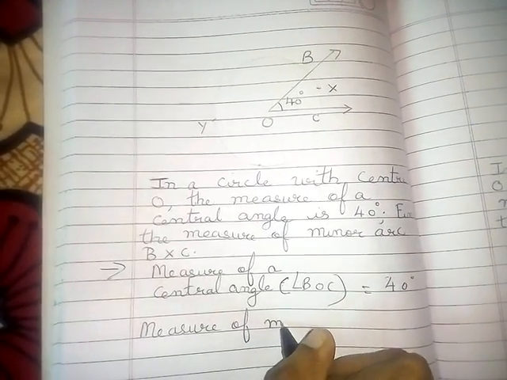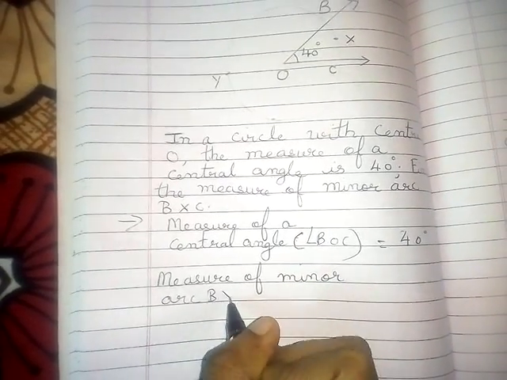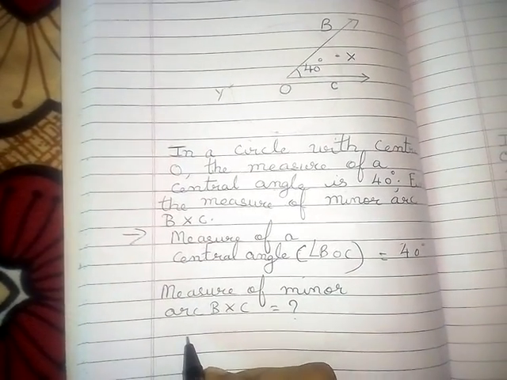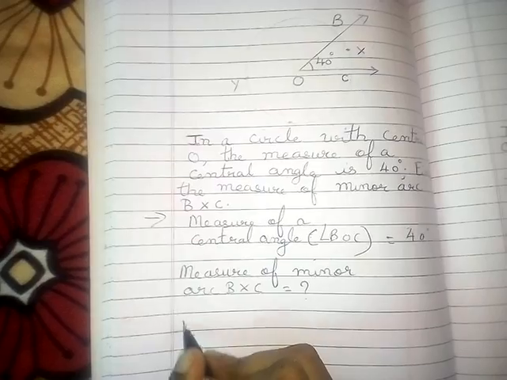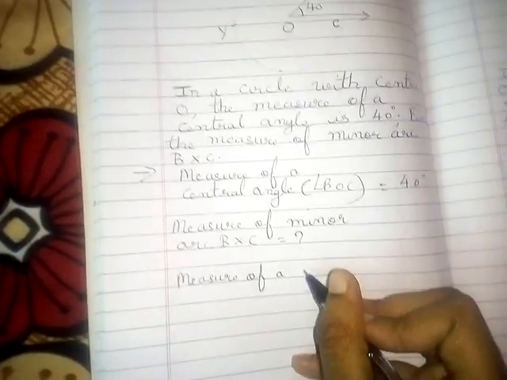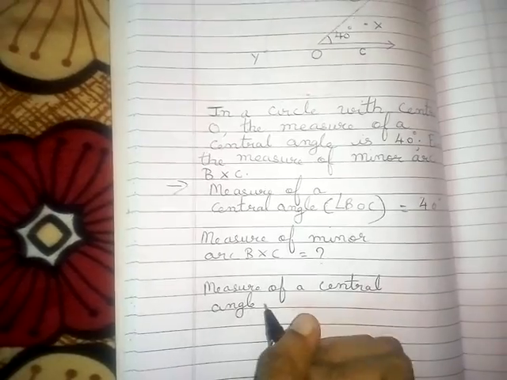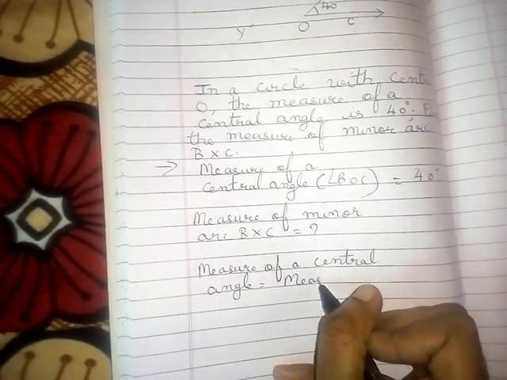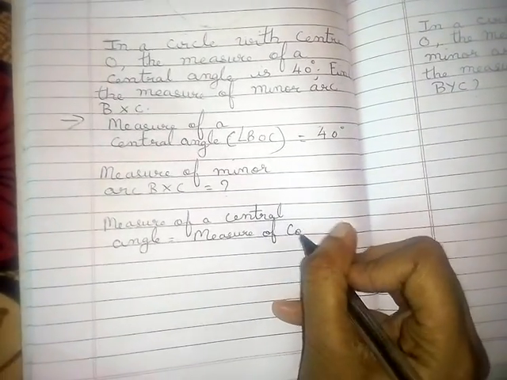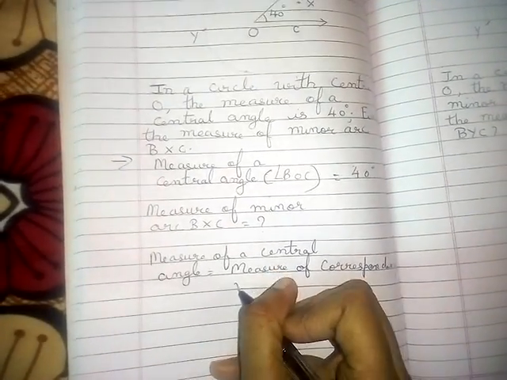Measure of minor arc BXC is equal to question mark. Okay. Measure of a central angle is equal to measure of corresponding minor arc.